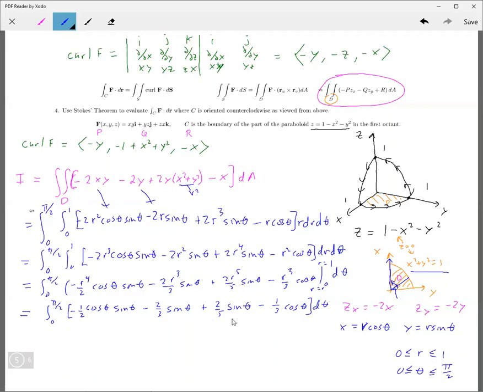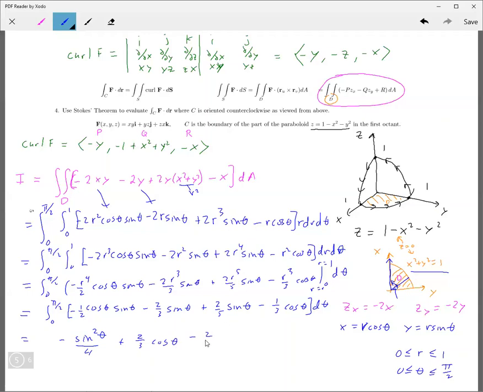This is just the tedious integration part. So you integrate this with respect to theta, and that's going to give you negative sine squared theta over 4. And then integrating this with respect to theta gives you plus 2/3 cosine theta.